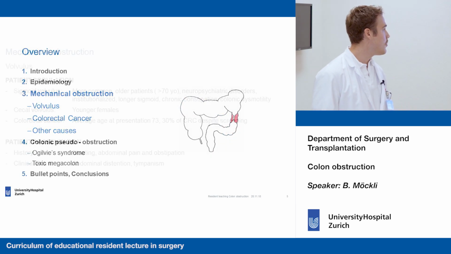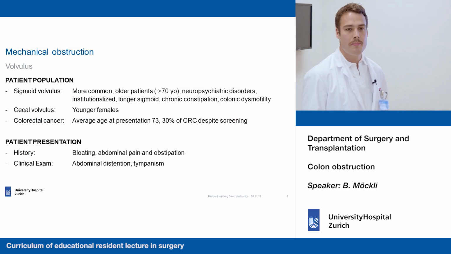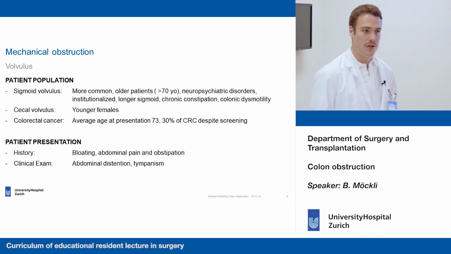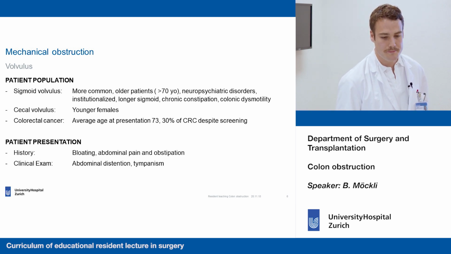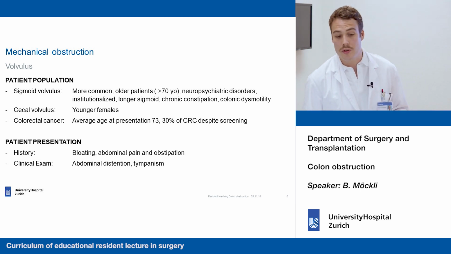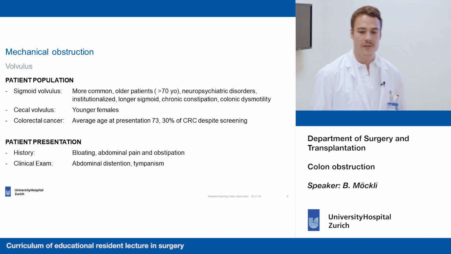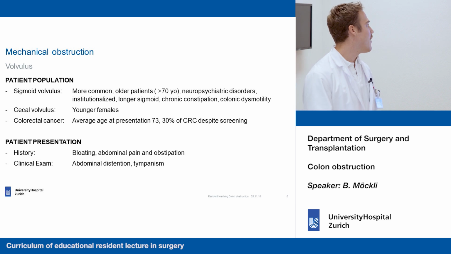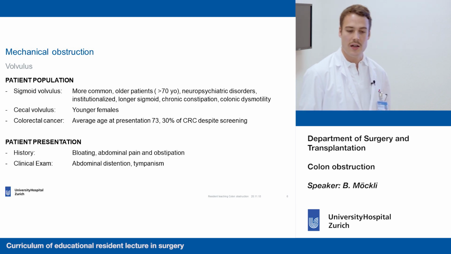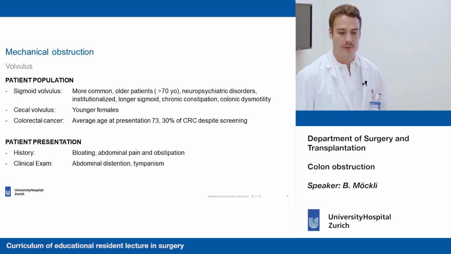So first, mechanical obstruction. What's the patient population we're dealing with in patients that present with acute colonic obstruction? For sigmoid volvulus, these are more commonly older patients, more than 70 years of age. They have some kind of neuropsychiatric disorder that's certainly a risk factor. They're often institutionalized. They have chronic constipation and some kind of chronic dysmotility.